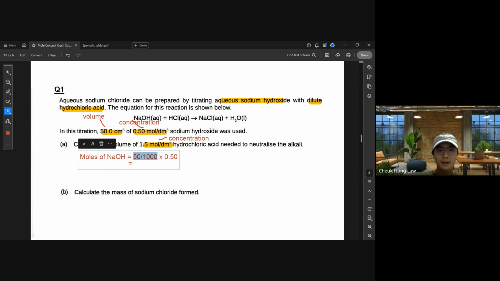Good job. So 50 divided by 1000 will give me the volume of sodium hydroxide in dm³, then this is the concentration. If I put it in my calculator, I'll get 0.025 mole. This is the number of moles of sodium hydroxide used.